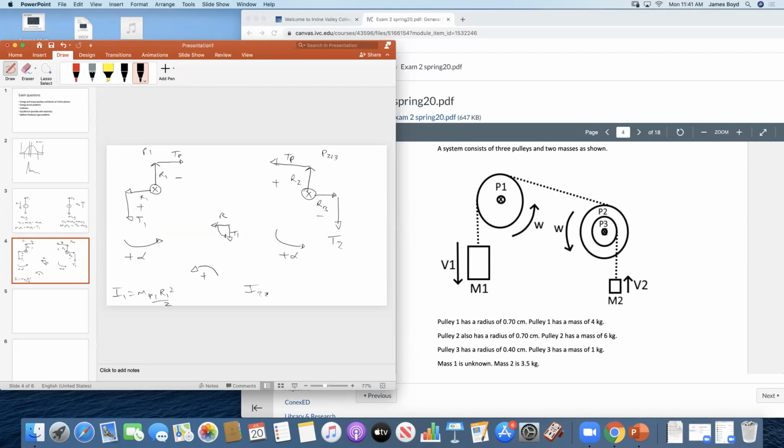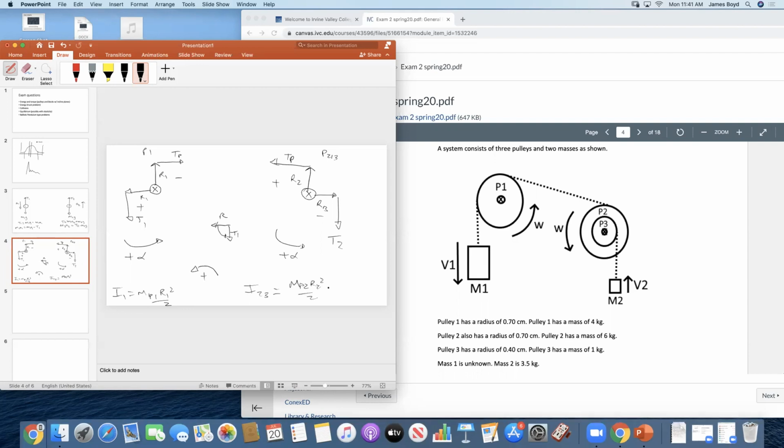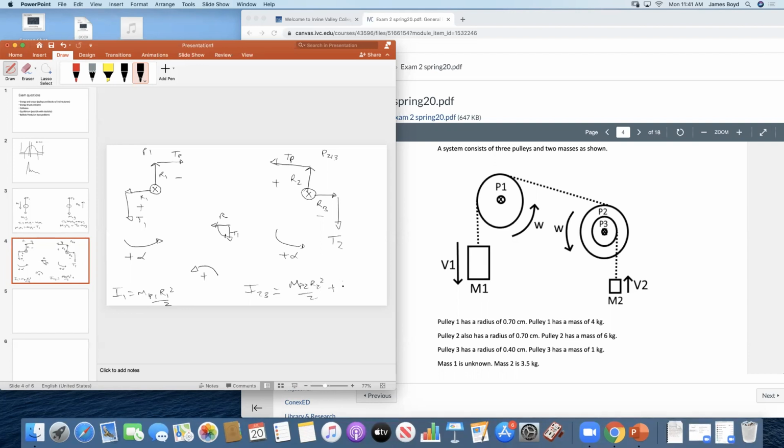I for 2 and 3 is the combination of them. It's M pulley 2, R2 squared over 2 plus M pulley 3, R3 squared over 2. Okay, make sure you understand that. That's because these are welded together. And you need to find those. And we'll talk about that in a second.